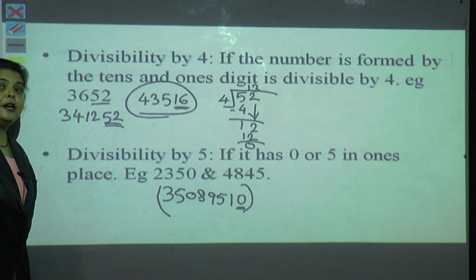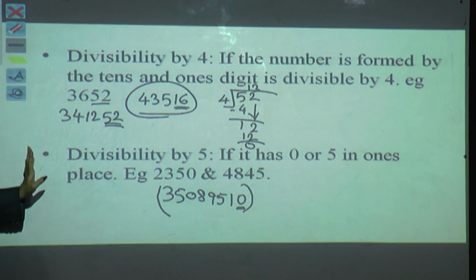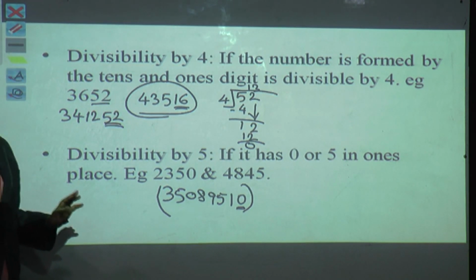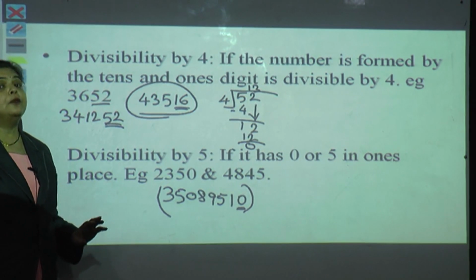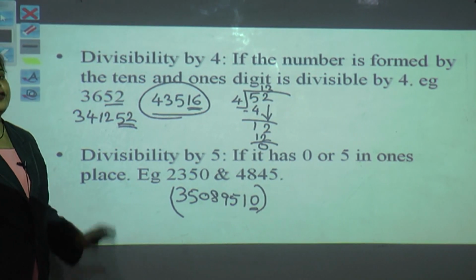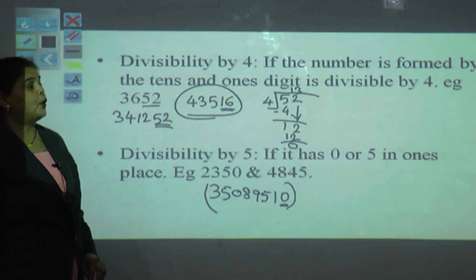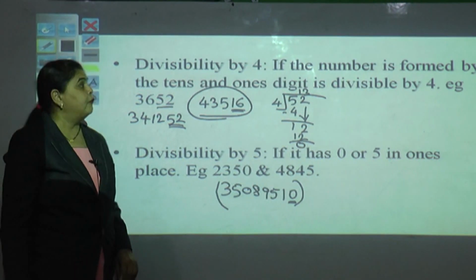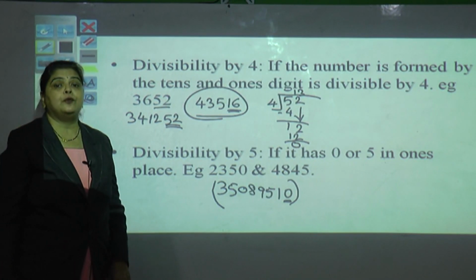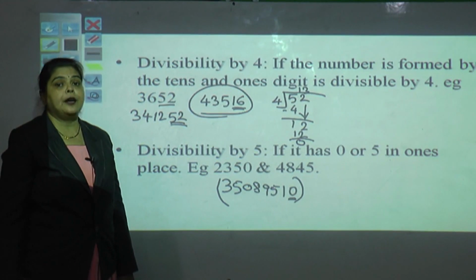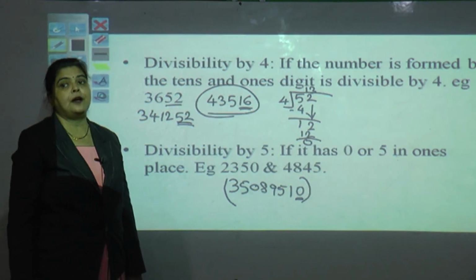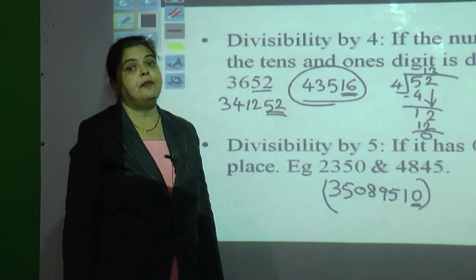So what we have learned today is divisibility. We learned some story problems related to the product of n numbers and the product of HCF and LCM. We learned the divisibility rule for 2, divisibility by 3, divisibility by 4 and divisibility by 5.